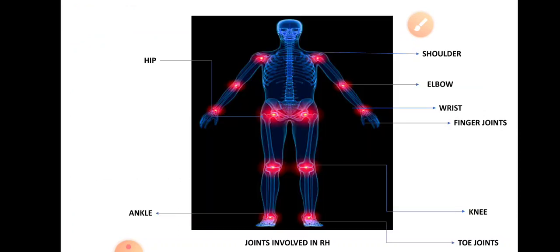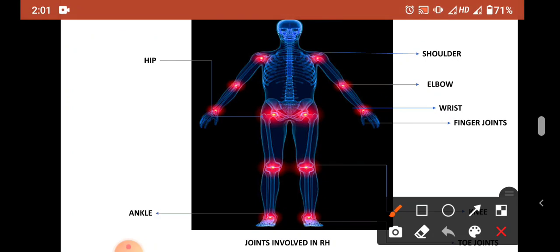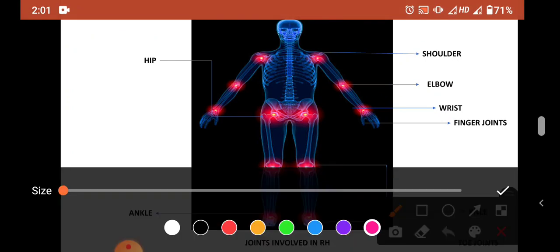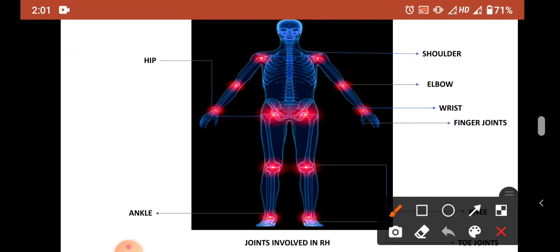So, here I have the picture of the joints involved in rheumatoid arthritis. Here the shoulder joints, elbow, wrist and the phalanges get affected, and also the hip bone, kneecap, ankle bone, and toes.